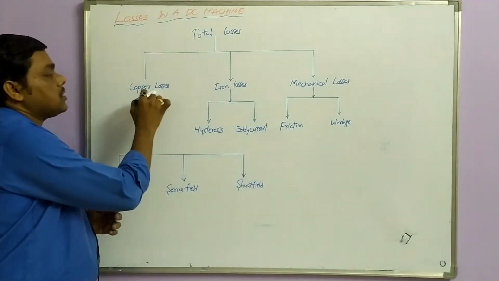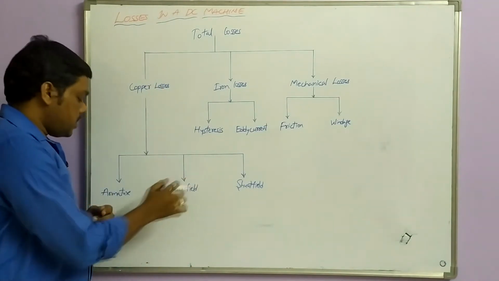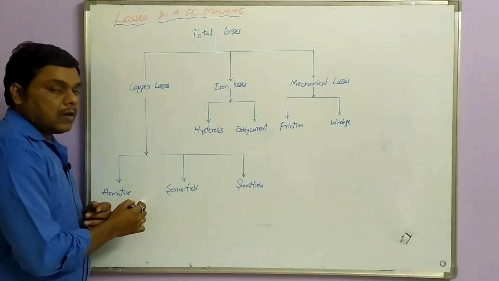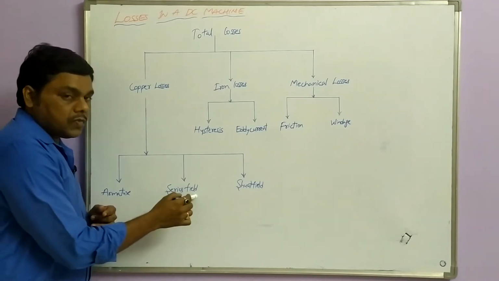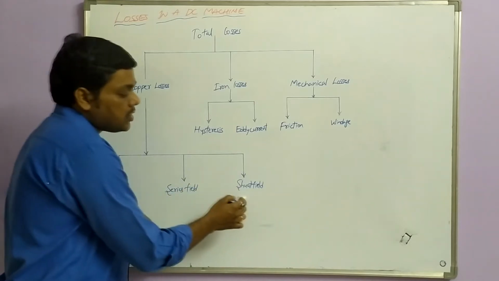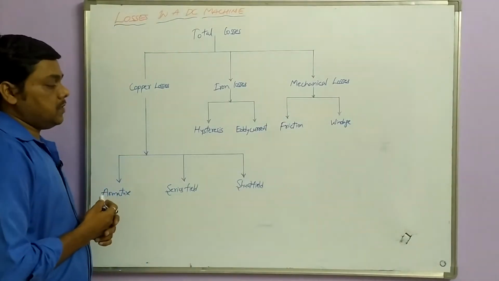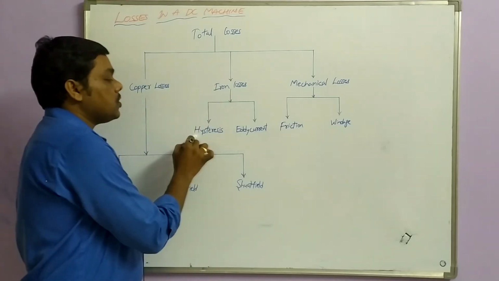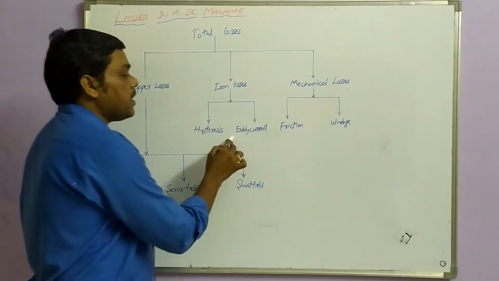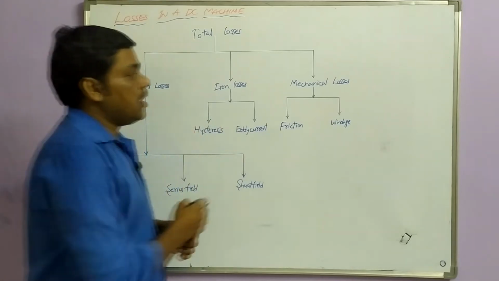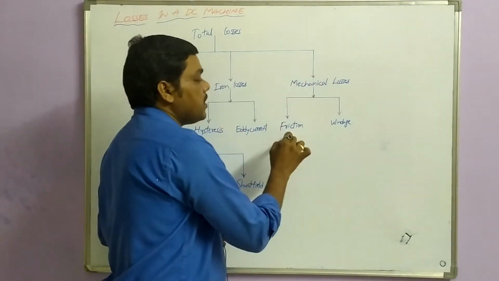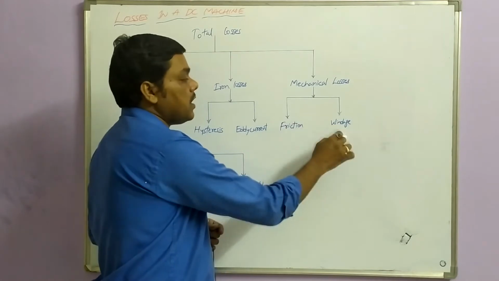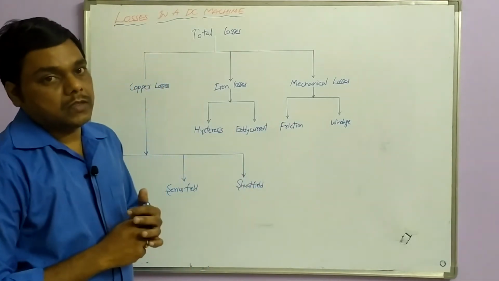Copper losses are again divided into three types: armature copper losses, series field copper losses, and shunt field copper losses. And iron losses are divided into hysteresis losses and eddy current losses. And mechanical losses are again divided into friction losses and windage losses.